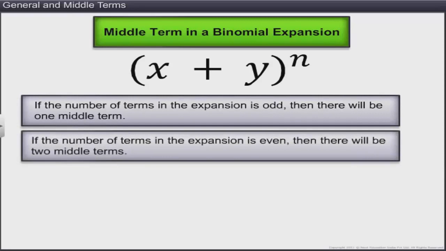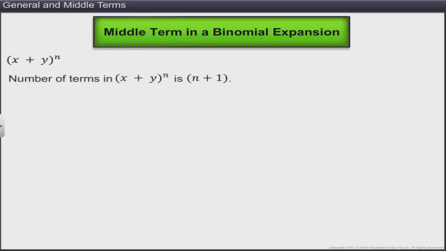If the number of terms in the expansion is even, then there will be two middle terms. Thus, the number of middle terms in an expansion depends upon the index of the binomial. When the index of a binomial is n, there will be n plus 1 terms in the expansion.